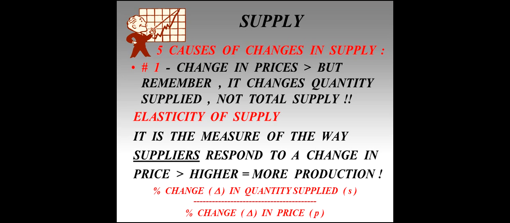And you'll notice here in the equation that we use, we have simply substituted quantity supplied for quantity demanded. So you can figure out the sensitivity of supply to a price change by using the same formula. And what you will find, just like with demand, is that supply to a market is sensitive to price changes differently at each price level.